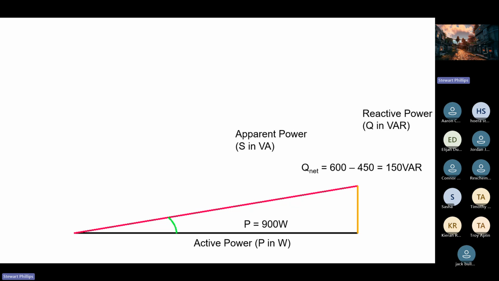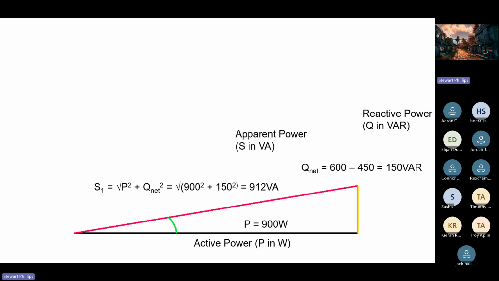So S2 equals the square root of P squared plus Q net squared. 900 squared plus 150 squared, square rooted, gives us 912 VA.